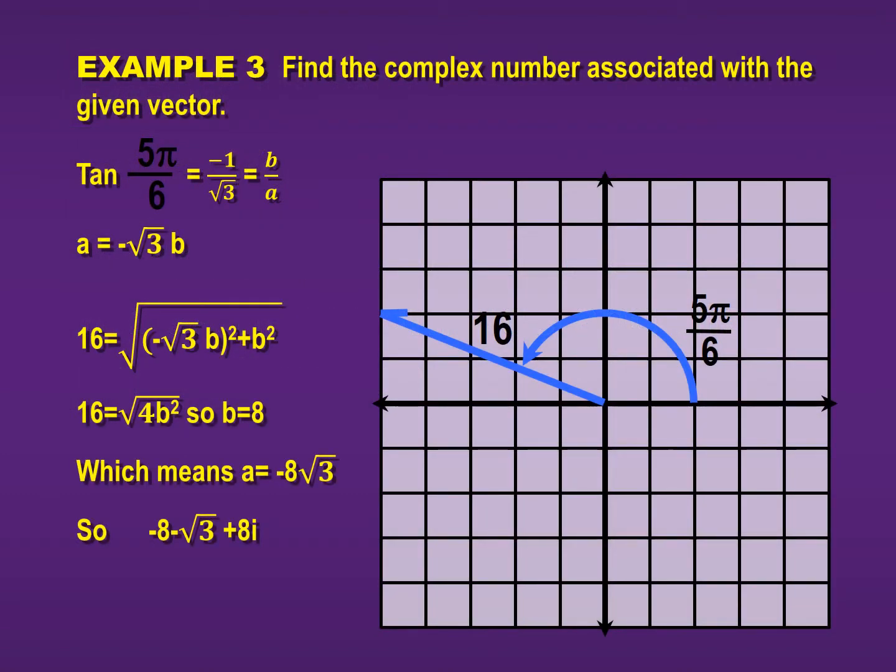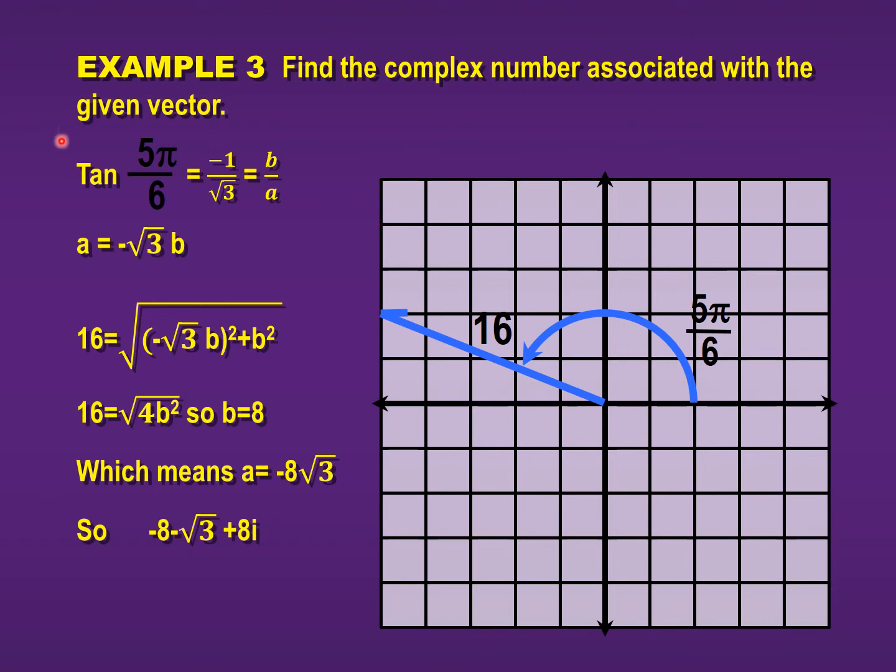All right, so we're going to work backwards. We're going to find the complex number that's associated with this vector, okay? So this vector has a theta of 5 pi over 6, and it has an r of 16. So we know that tangent of theta is equal to b over a, and b and a are the numbers that we need, because if we know what a is and b is, then we know the real part and the imaginary part of our complex number.